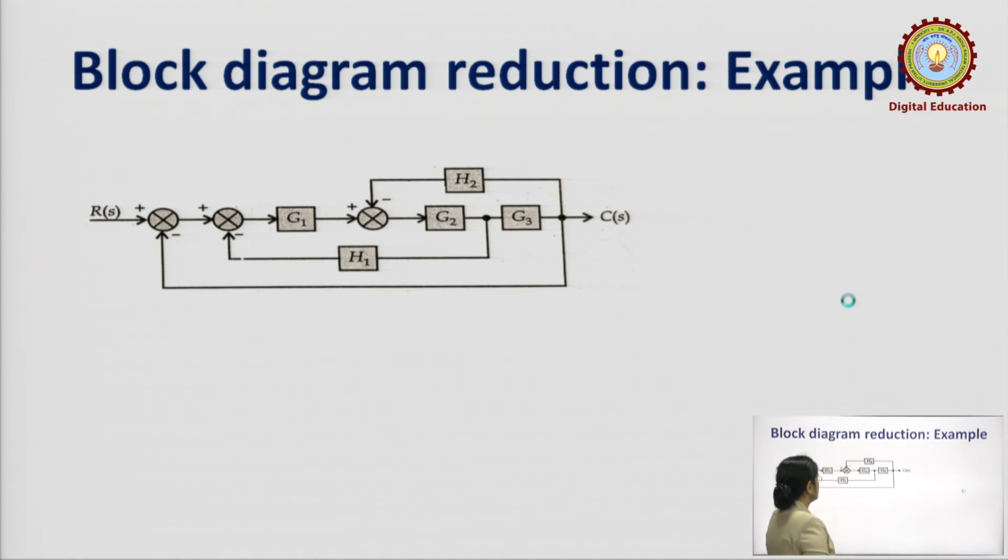Now, in this example, what is to be understood here? This is G2 and this is G3. In the G2 and G3 combination here, this block cannot be cascaded just because of the presence of this takeoff point.